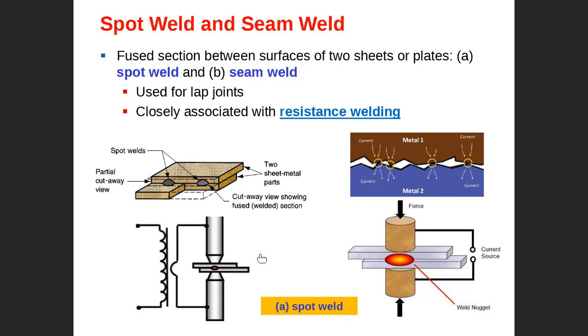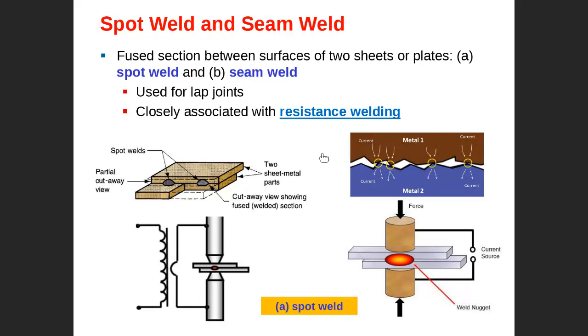We call it resistance welding as well, or spot welding. So please give me your attention. Weld happens here in between. If you like to weld these two plates, the weld will happen exactly at this spot area, and then you can repeat here, and here, and here. Every area depends on where you fix the spot, right?